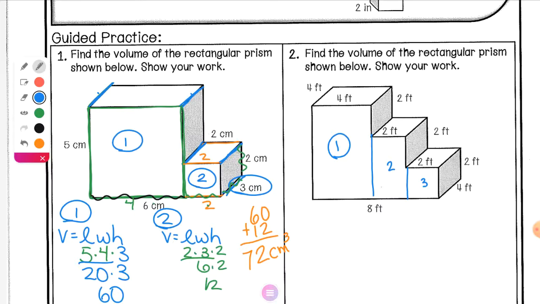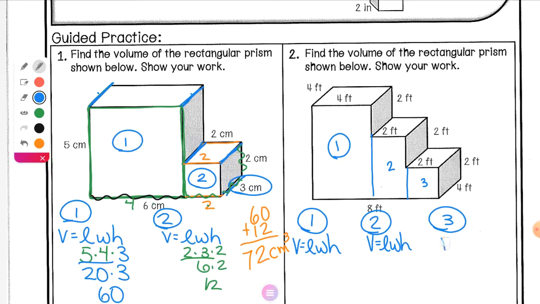You may need the space at the bottom because that box isn't very big. So take a second and try that one.